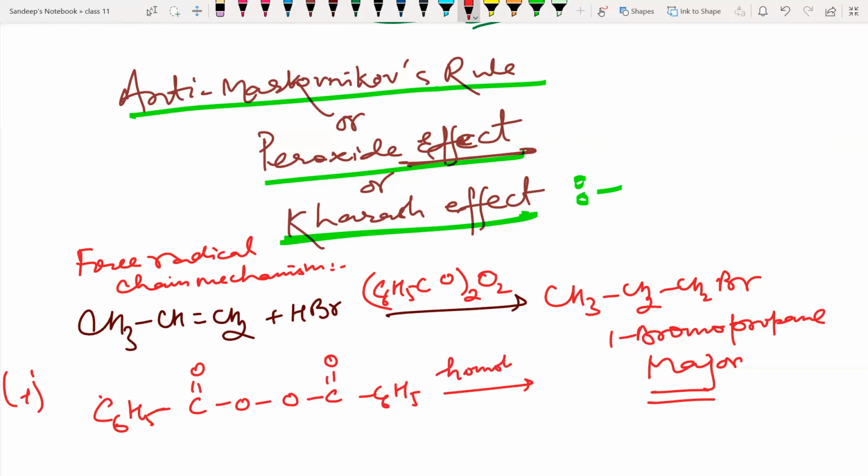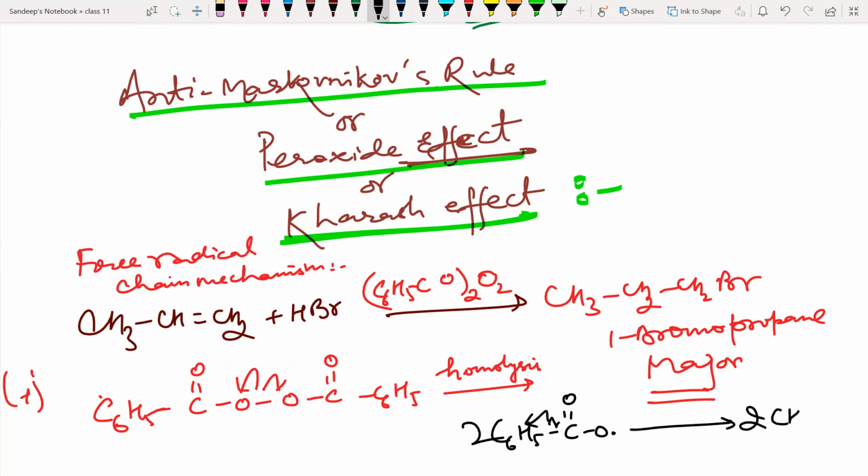You know homolysis generates free radicals. So with half arrows, this generates a benzoyl free radical. 2 moles of benzoyl free radical will be generated. Now this free radical is not the effective free radical. It will undergo another free radical formation. So it will form 2 phenyl free radicals plus 2 moles of CO2. So the phenyl free radical is the effective free radical.